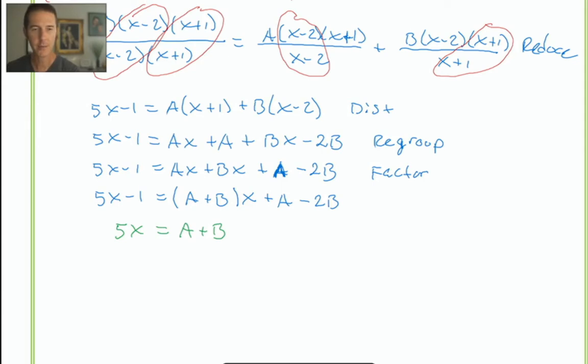On the left-hand side, instead of writing 5x, we just want a 5. We're only setting the coefficients equal to each other. So 5 is how much x I have on the left, A plus B is how much x I have on the right. My constant amount on the left is negative 1. My constant amount on the right is A minus 2B.